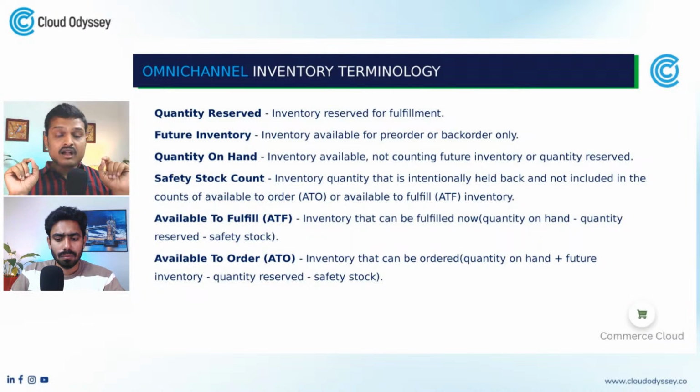Next, safety stock count. See, for example, as a merchant, I have 100 quantity available with me for XYZ product. I don't want to expose the entire 100 quantity to the public. The reason being, for example, I received 100 orders, one for each item, and while fulfilling those orders, I found that one of the items is defective.